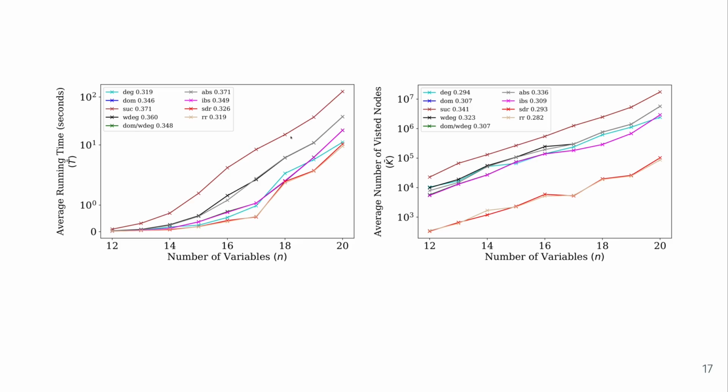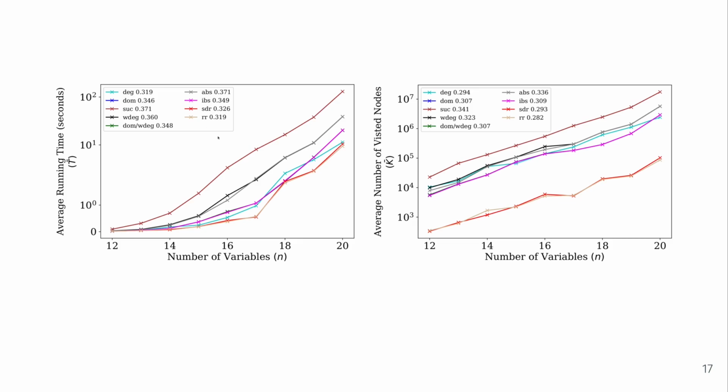So here, the lower the curve is, the more efficient the algorithm is. Here, SDR and R are at the bottom compared with other algorithms. And the trend, if we look closely, the slope is actually smaller than the other algorithms.